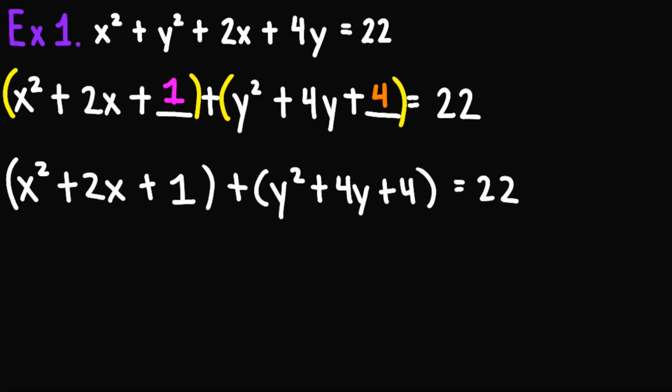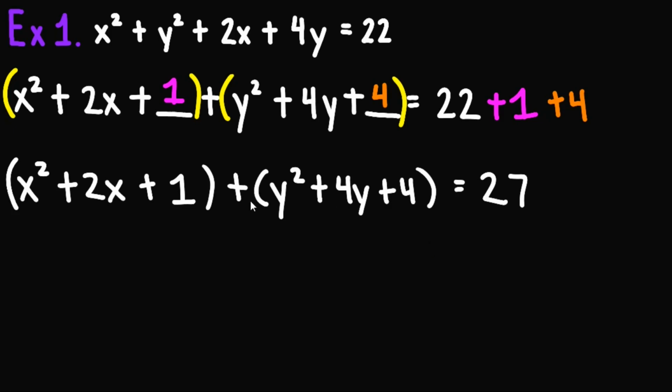Observe that since we add something on the left side of the equation, take note that we also need to add that on the right side of the equation, since that is how equality works. So adding 1 on the left side, we also add 1 here, and we also add 4 out here. So simplifying this, 22 plus 1 plus 4 will give us 27 out here.